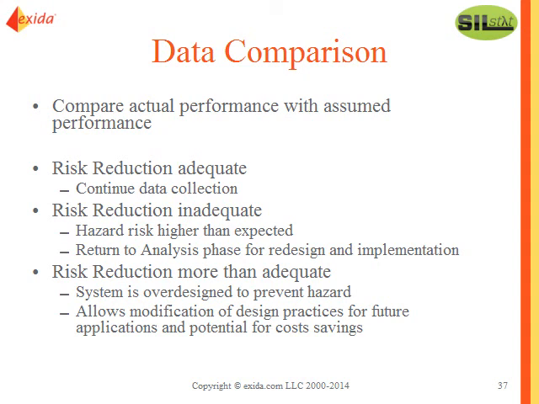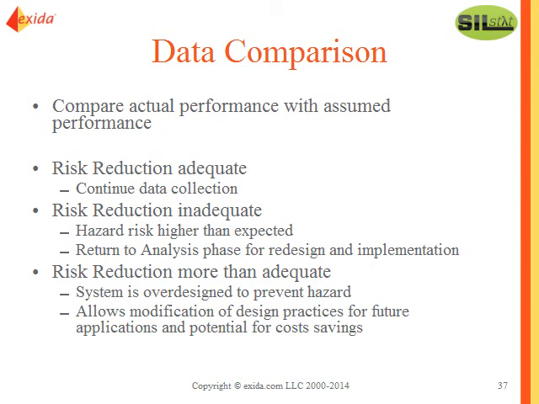You have to go back to the analysis phase in the life cycle and make sure that you've taken everything into consideration. Maybe you were a little bit optimistic. You assumed that the process upset would only happen once every, let's say, 10 years, but in reality it's happening once every 2 years. That's a 5x. That could be a SIL level difference depending on your layer of protection analysis.